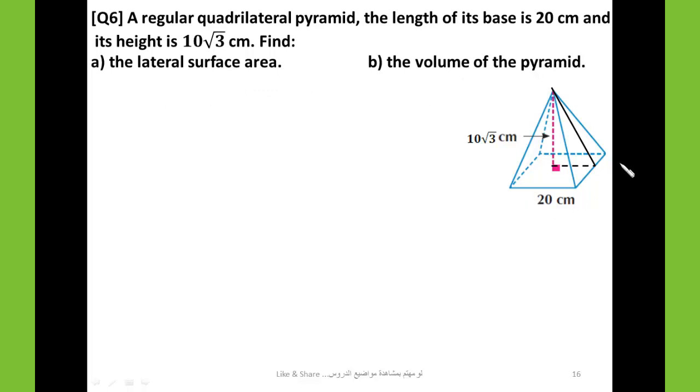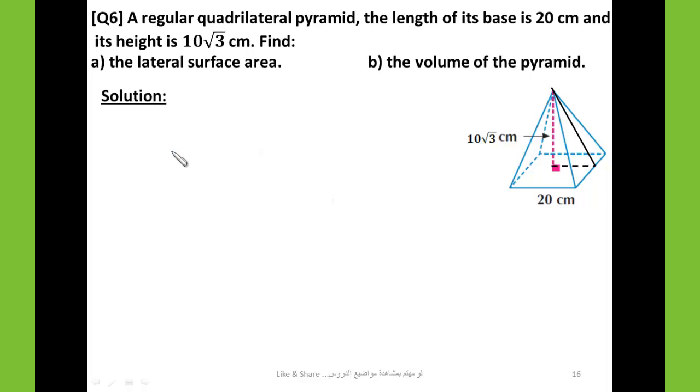We have a quadrilateral pyramid, which means the base is a square and the four sides are equal, each equals 20 centimeters, and its height equals 10 root 3. We are required to calculate its lateral surface area and its volume.